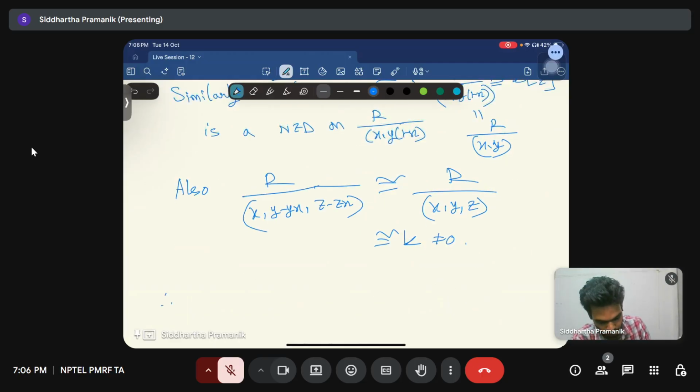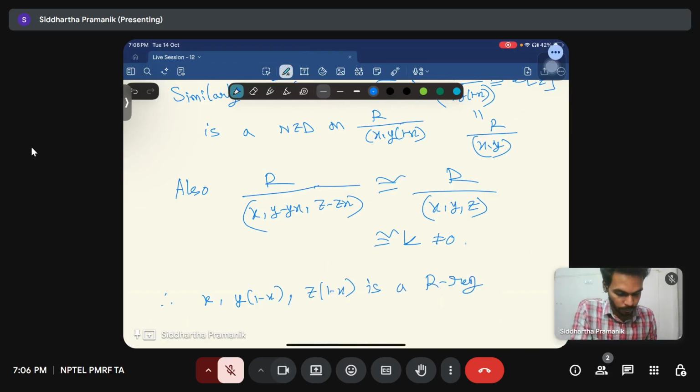So x, y times 1 minus x, z times 1 minus x is an R-regular sequence. So this proves the first claim.